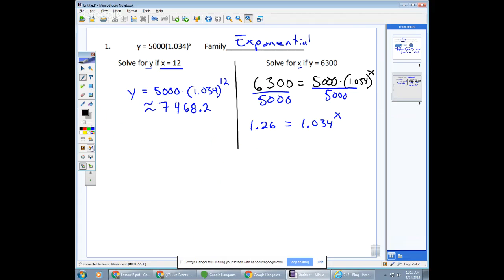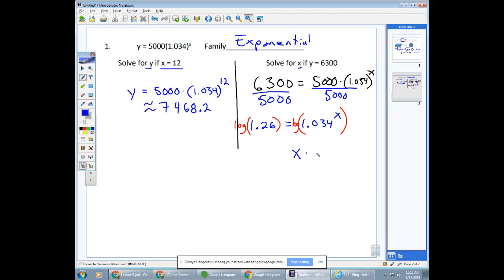And now I have the base alone, 1.034 to the power x. And then the routine we applied before, based on a previous worksheet, is we take the log of each side. And the log is written on the left-hand side, like that. And the parentheses are a good idea. Whenever you have a log of a power, you can pull that power out.